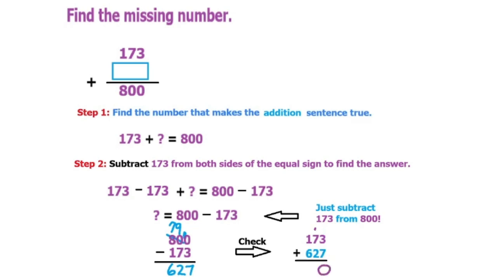So we carry a 1. 7 plus 2 is 9 plus 1 is 10. So we carry another 1. 6 plus 1 is 7, plus 1 is 8. Look, we have 800. So the check worked out. We get a big check mark for that.